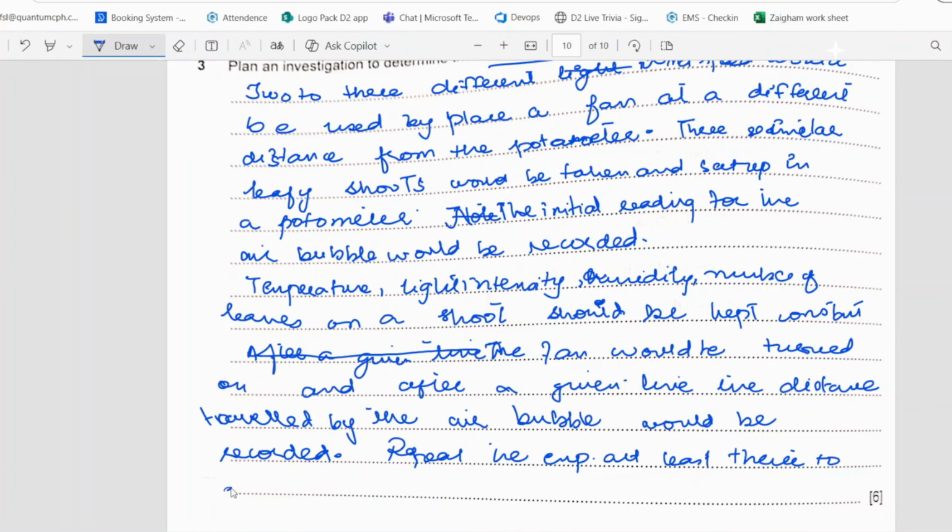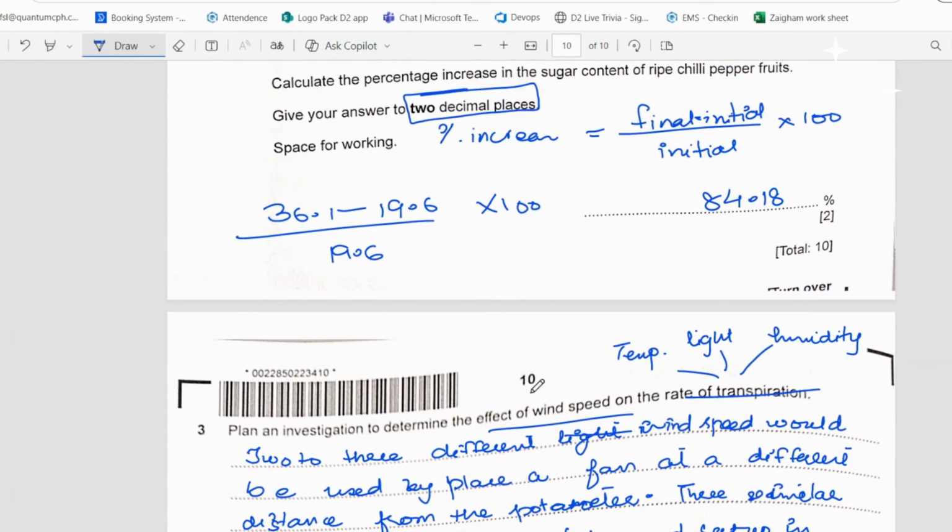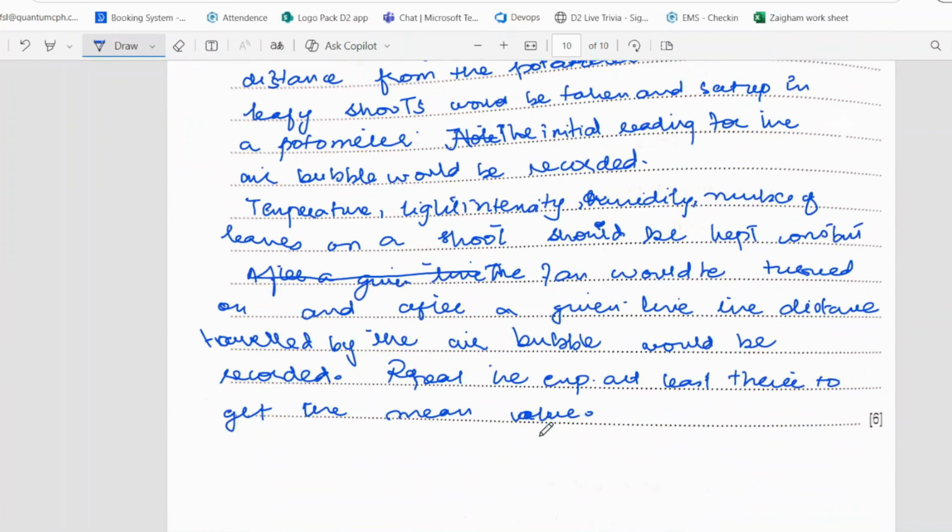Okay, how to conclude it? You would take the mean value. Wind speed: higher the wind speed, higher would be the rate of transpiration.